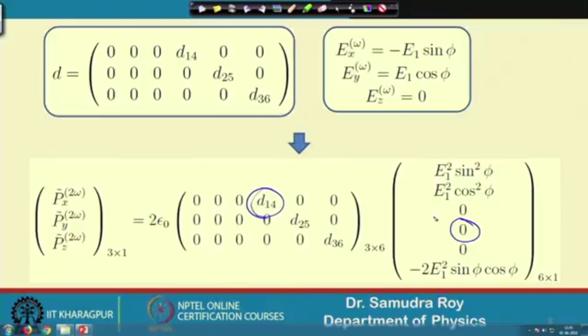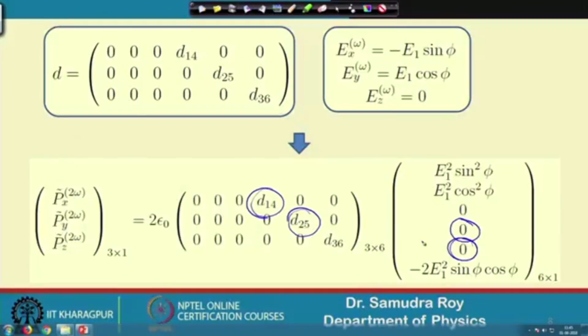What about p y? For p y we have d 2. So, this term is responsible for generating some term corresponding to p y, but in this matrix we find the quantity here is 0. So, that means also we have p y 0.